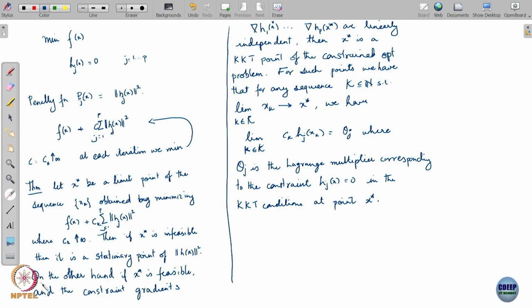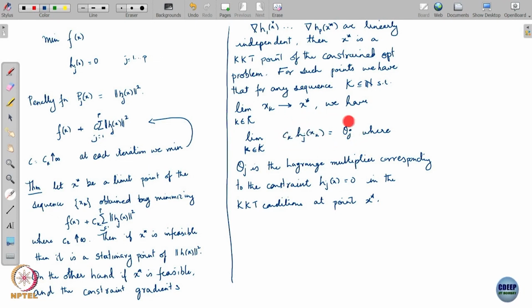On the other hand, if you are feasible, then if your constraint gradients are linearly independent, say for instance if LICQ holds, you end up at a KKT point of the constrained optimization problem. Moreover, with this penalty function you have this additional property that c_k times h_j of x_k approaches the Lagrange multiplier.